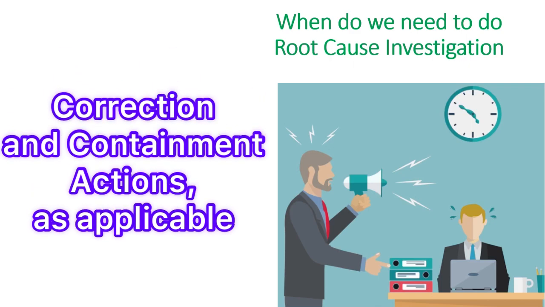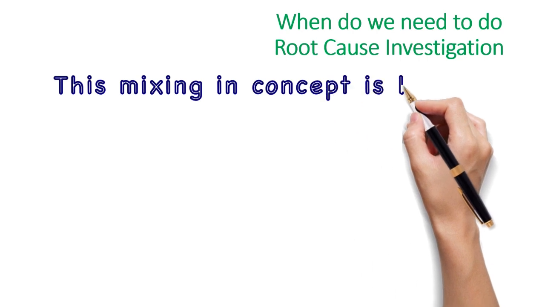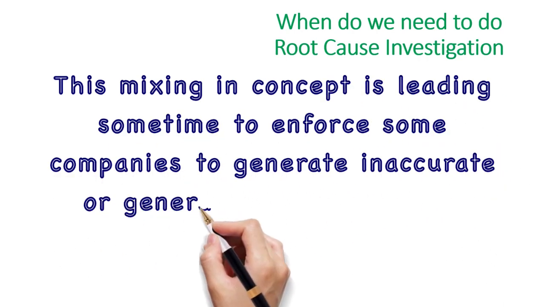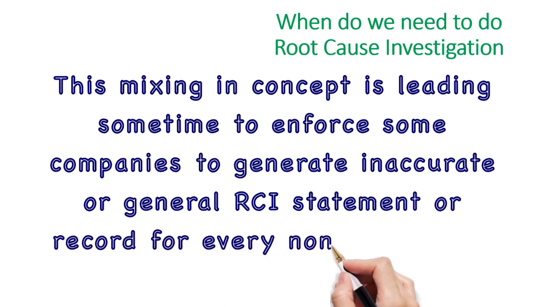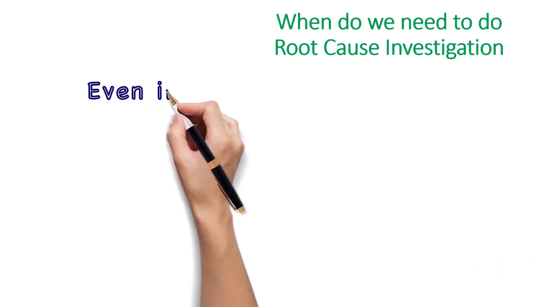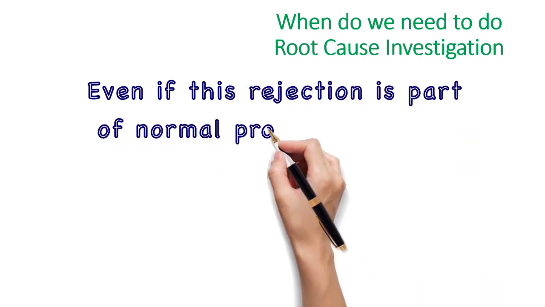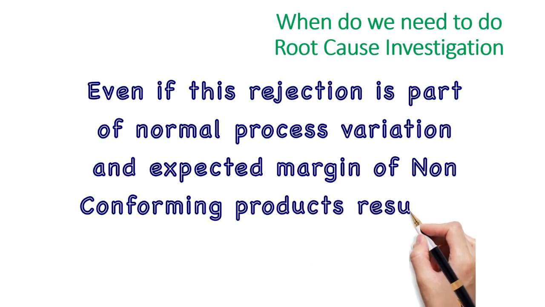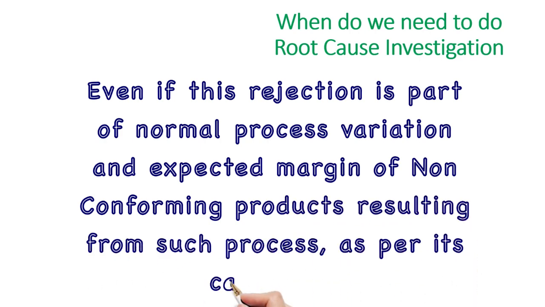as applicable. And this mixing in concept sometimes forces some companies to generate inaccurate or general RCI statements or records for every nonconforming product produced, every rejection, even if this rejection is part of normal process variation and the expected margin of NC products resulting from such a process as per its capability.